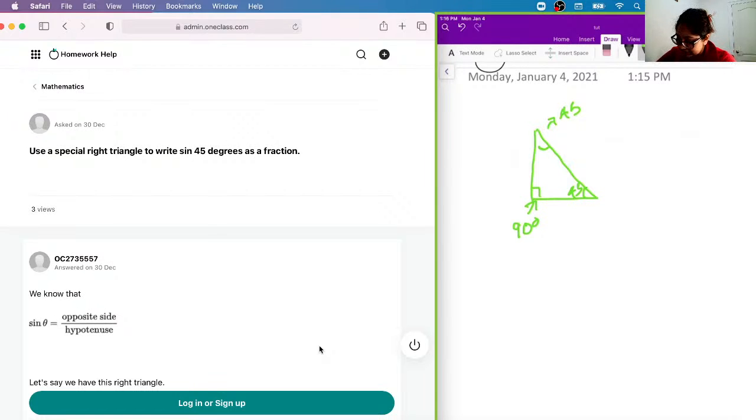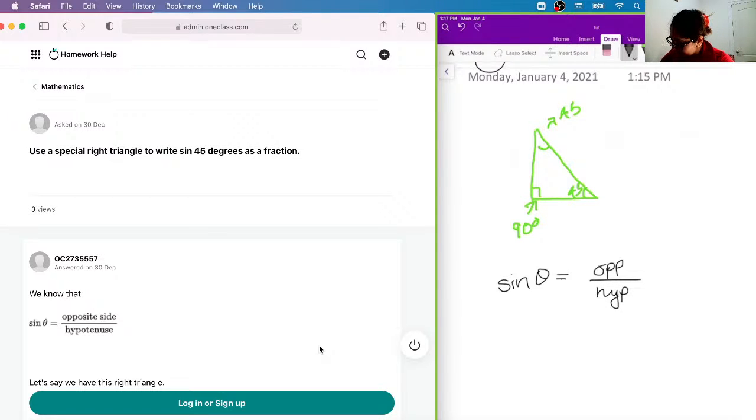And so this is our triangle, and if you guys recall, sine theta, where theta represents any angle in a triangle, is equal to your opposite over your hypotenuse.